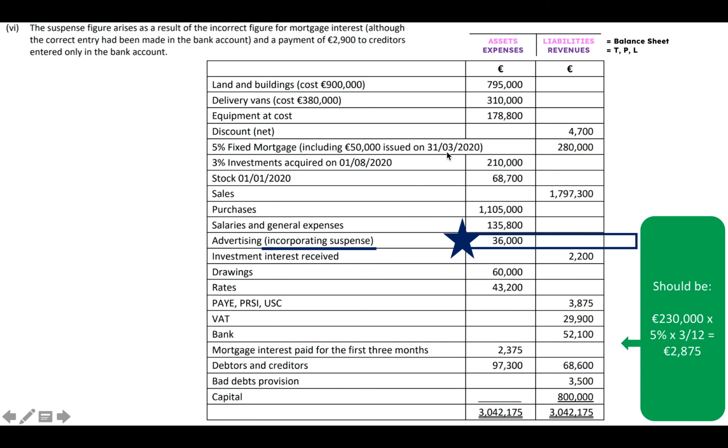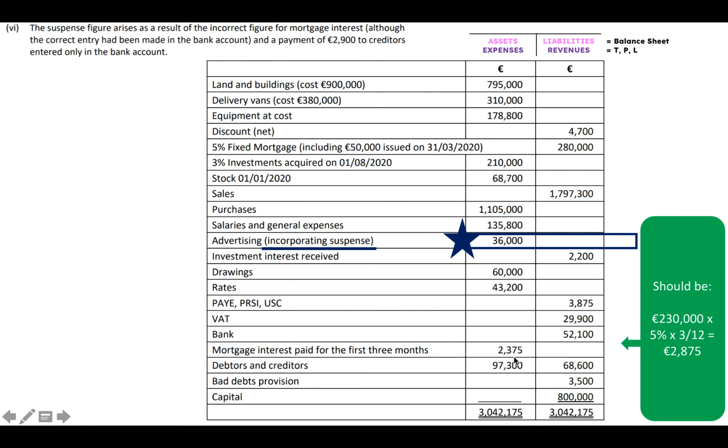Okay, so therefore my mortgage for the first 3 months of the year was 230,000. 230,000 multiplied by 5% by 3 over 12 is 2875. So this here should be 2875.